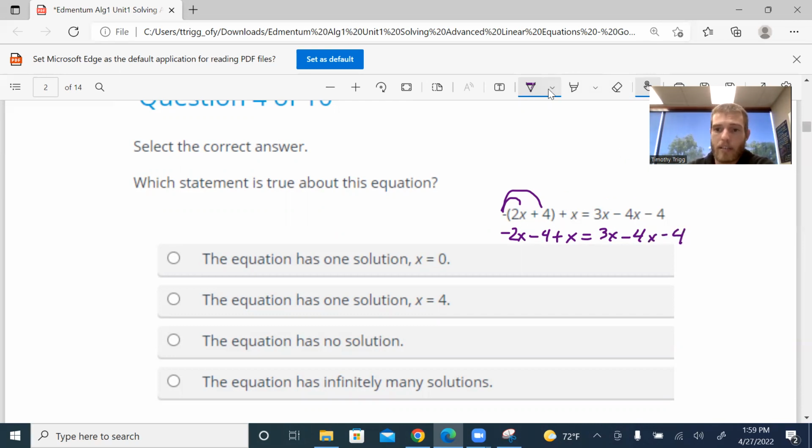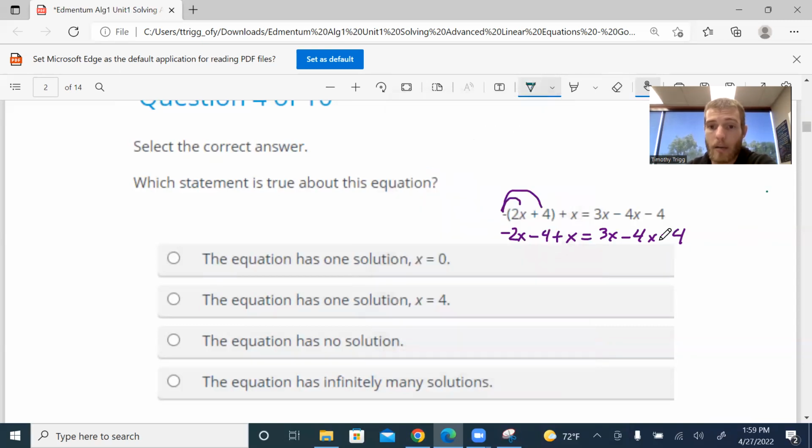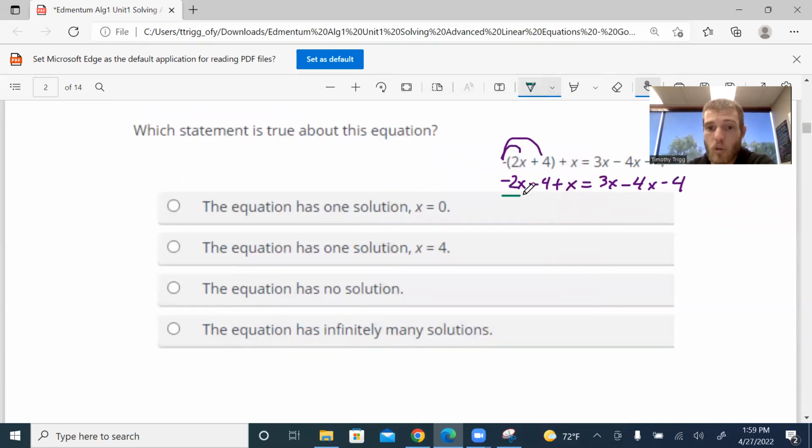Now, what would be my next step? So after distributing, you generally want to look for, is there anything I can combine together? Are there any like terms that I can combine together? In this case, yes, there are. We can combine the negative 2x and the x on the left side.